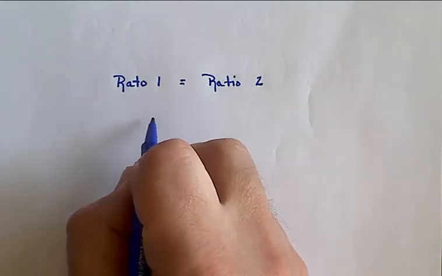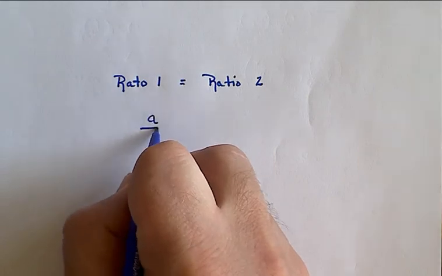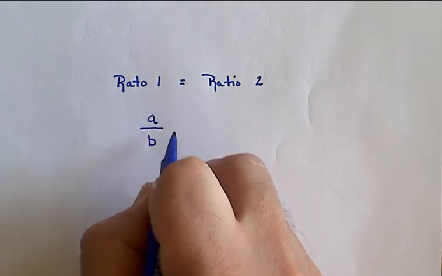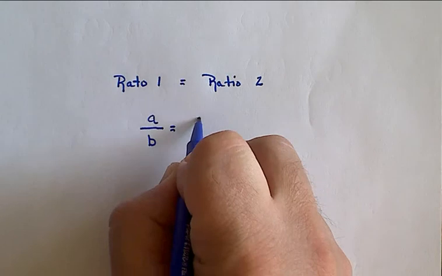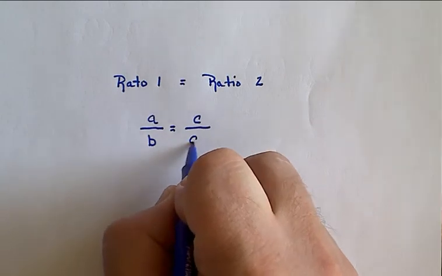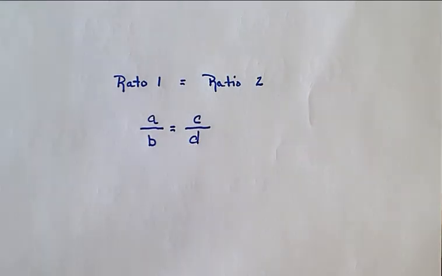Specifically, in fraction form, if A over B is my first ratio and C over D is my second, it looks something like that. And that's how you're going to see the problems on this worksheet today, written in fraction form. Now, there are several properties that we'll talk about in geometry, for example, but right now we're interested in one property.